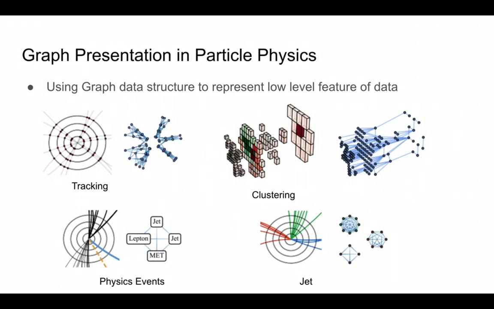There are several data structures in particle physics considered to be naturally represented using graphs. For example, in tracking problems, charged particles can deposit hits in multiple layers of the detectors. Each of the energy depositions can be described as a node.